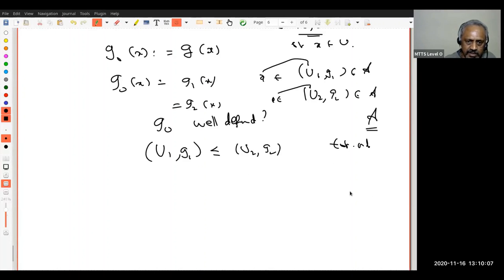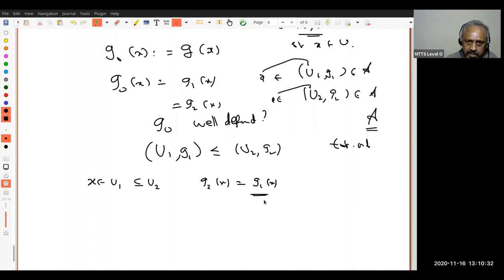Now, since it's totally ordered, x belongs to u1, of course, and also is in u2. But remember, u1 g1 is less than or equal to u2 g2. Therefore, let us look at g2 of x. Now, x belongs to u1 and g2 is an extension of g1, therefore g2 of x is the same as g1 of x.